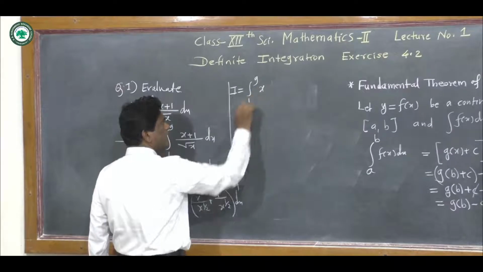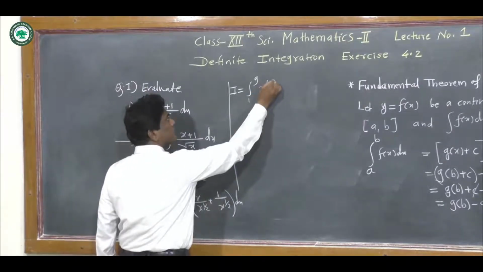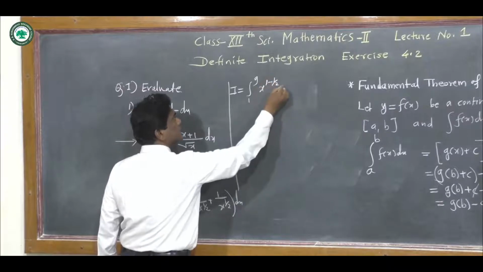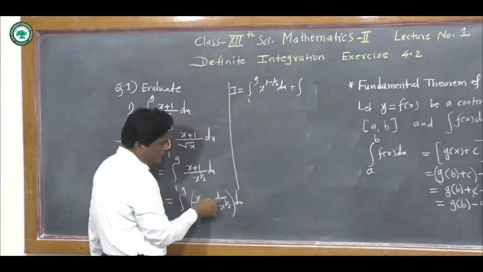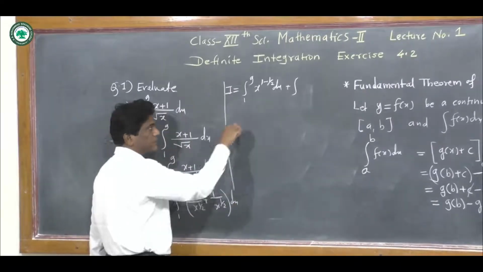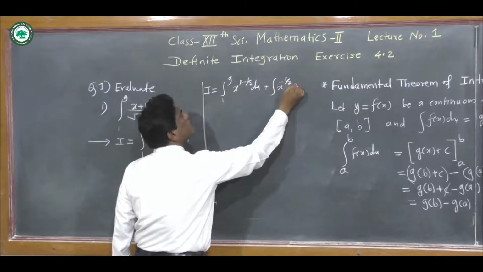It becomes x to the power 1 minus 1/2 dx plus integration of 1 upon x to the power half. It becomes x to the power minus 1/2 dx.